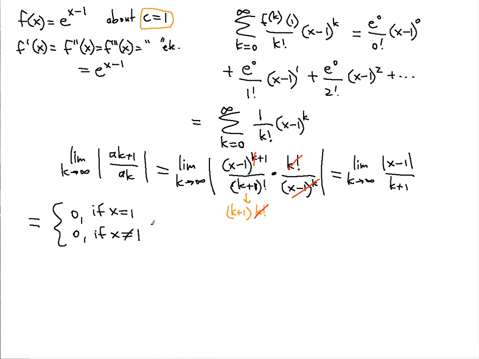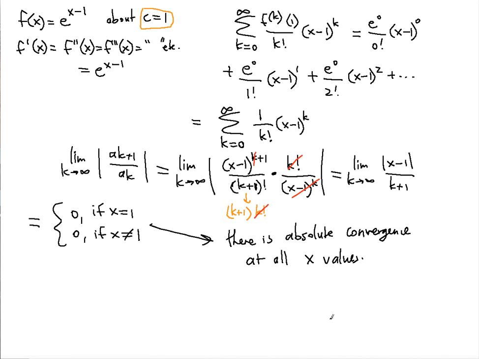So what does that tell you? It tells you that there is absolute convergence at all x values. All x values.